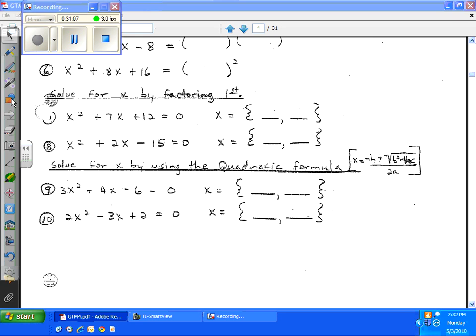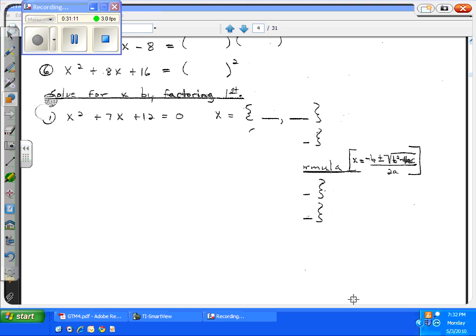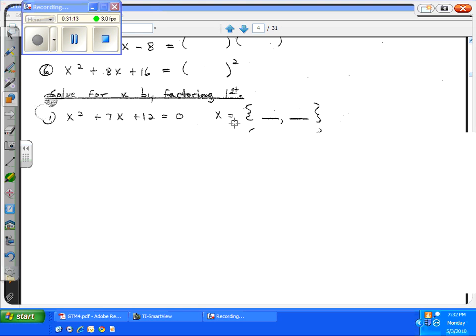And let's talk about what a solution to a quadratic even is. Let's talk about what the graph of a quadratic looks like. Just a reminder that the graph of a quadratic is a U. It's going to dip down and come back up possibly. In Algebra 1, most of them did that.